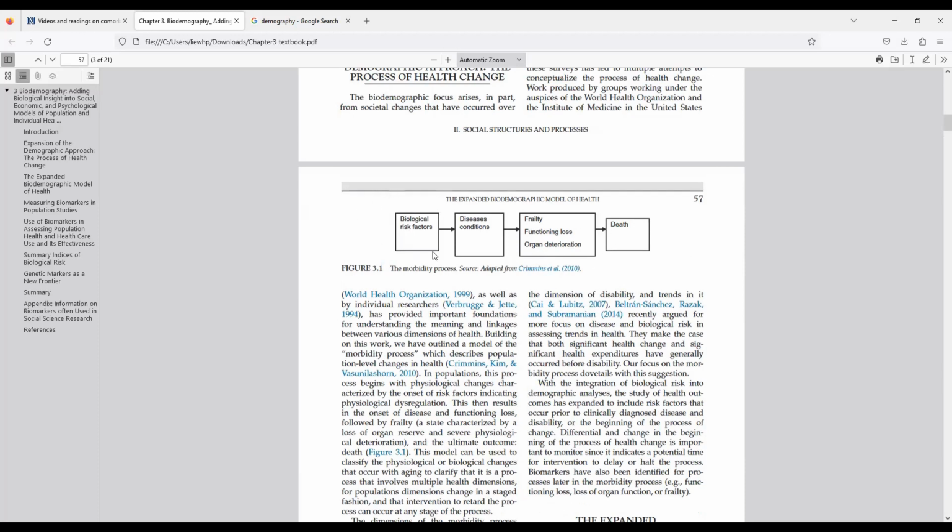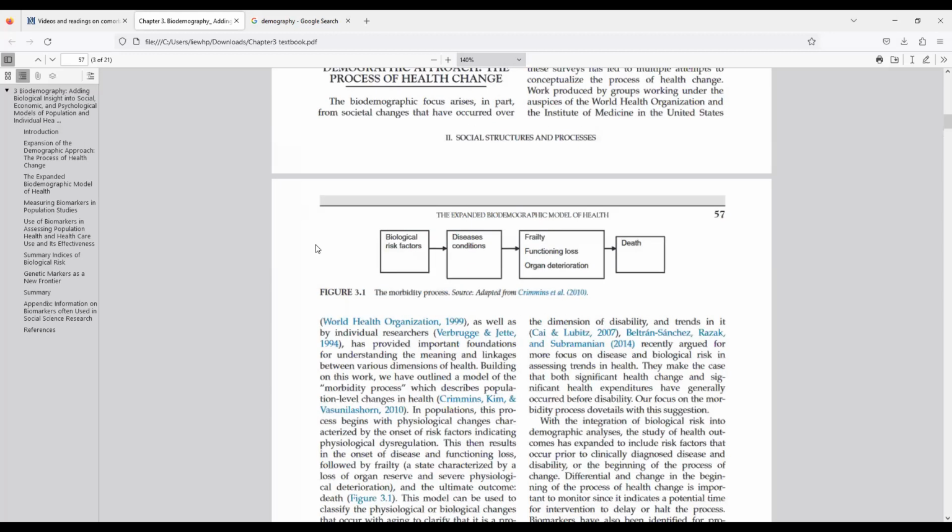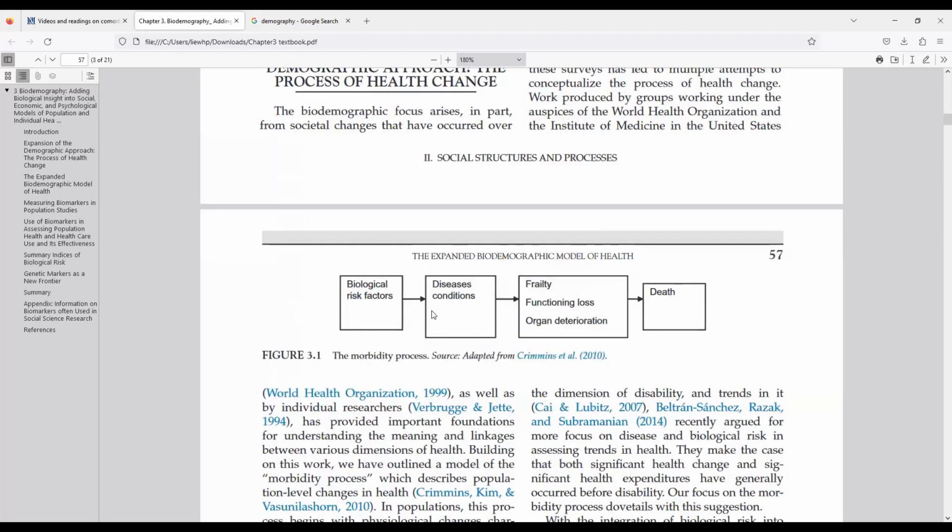And initially, they developed a simpler model like this. They claim that biological factors can determine disease conditions, the presence or absence of different diseases and illnesses in a person.